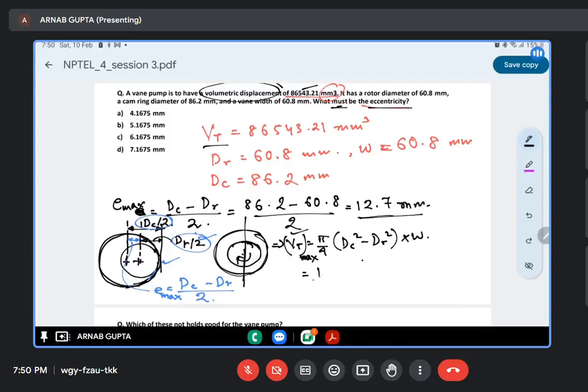So you will get around 1,78,297.19 mm cube. Now it has been asked, but as you see, the actual displacement is this much.